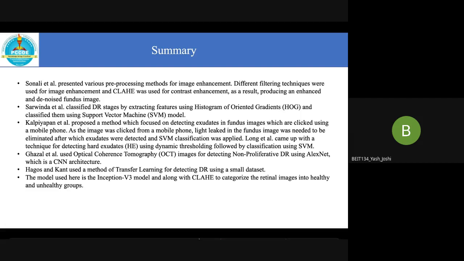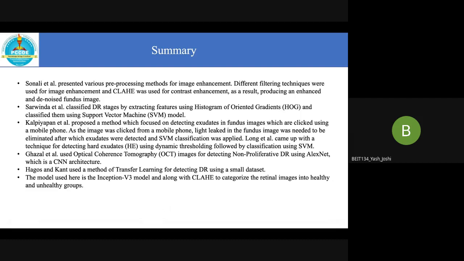Other imaging techniques such as OCT were also studied, but among those, fundus images are the most widely used, as well as the cheapest to capture, and Hagos and Kant used a transfer learning method.